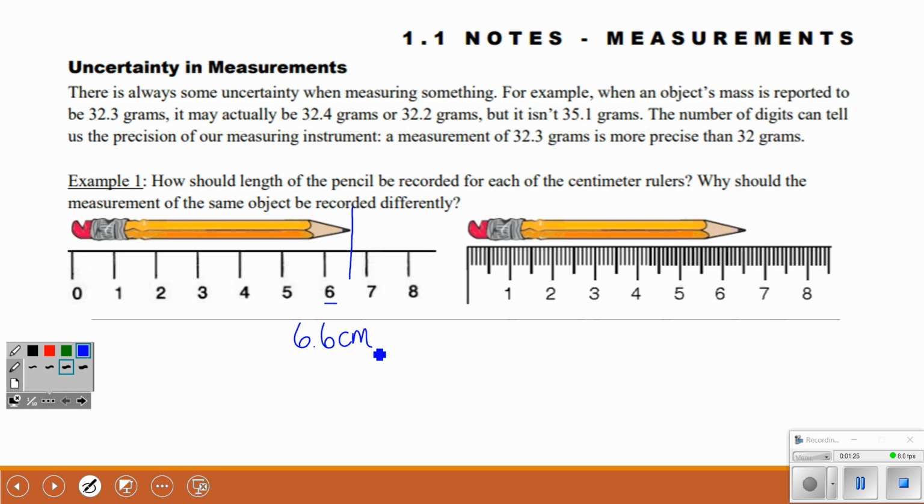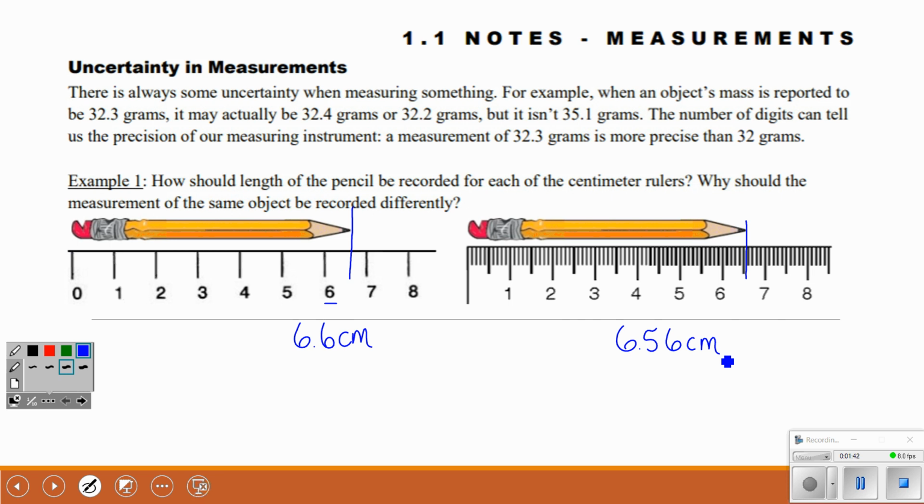And for the ruler to the right, when we look at where this falls, we could record this as 6.5, and let's say somewhere in between, so we could say 6.56 centimeters.